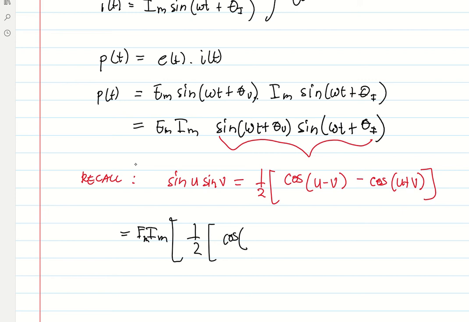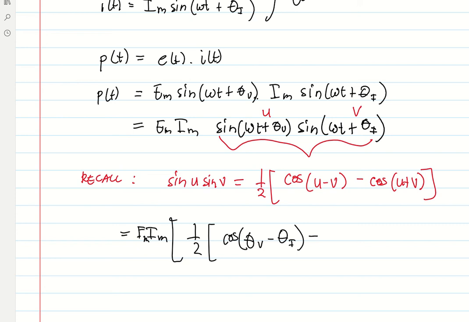This will be our u, and this will be our v. If we subtract, u minus v is omega t plus theta v minus omega t plus theta I. So omega t and omega t cancel out, and we have here theta v minus theta I.